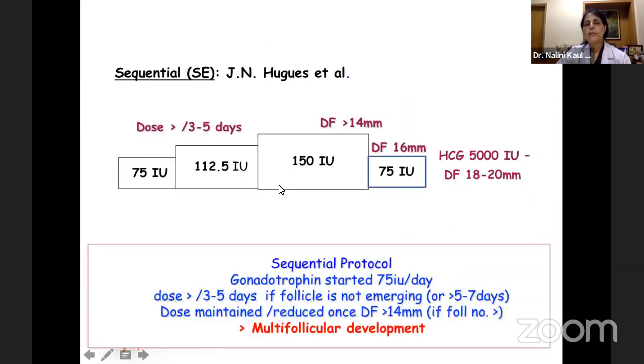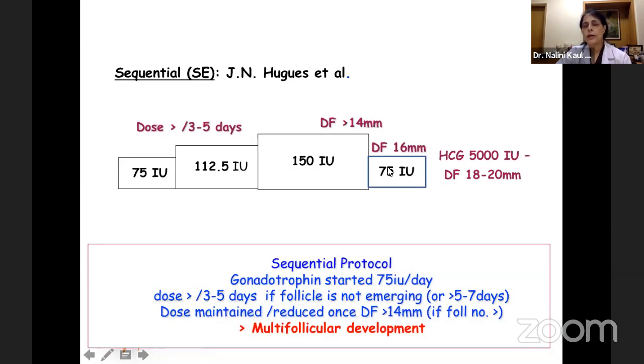The sequential step up and step down, you start with 75, increase the dose by 37.5 every 3 to 5 days. The moment you have follicle coming up to 14, maintain your dose. You have the follicle at 16, drop the dose, or you find too many follicles, more than 2 follicles, which you are seen to be going above 40, drop your dose so that you have only 1 follicle or max 2 follicles going up.